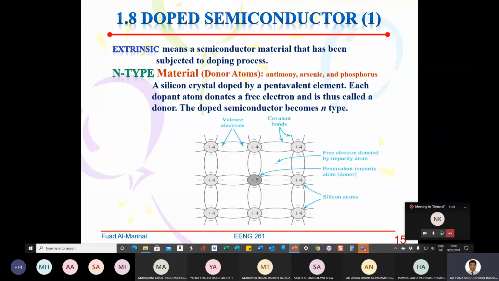So what happens is that we create something called N-type material. How are we going to do that? We take either antimony from group 5 in your periodic table, or arsenic, or phosphorus.